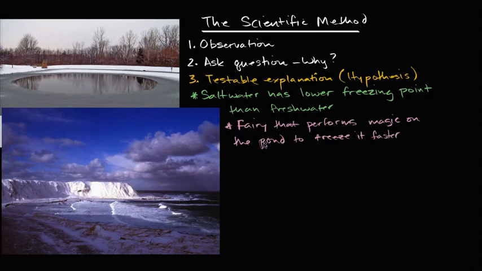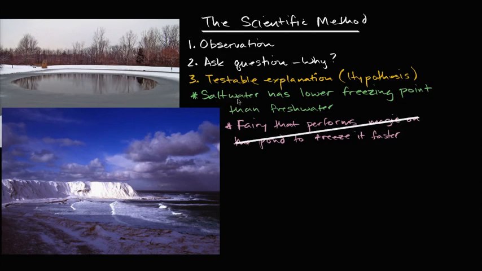And the reason why this isn't so good is that this is not so testable, because it's depending on this fairy, and you don't know how to convince the fairy to try to do it again. You haven't seen the fairy, you haven't observed the fairy, it's not based on any observation. And so this one right over here, this would not be a good hypothesis for the scientific method. So we would want to rule that one out.